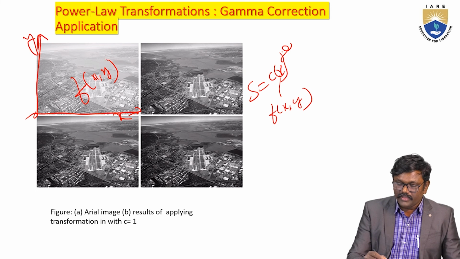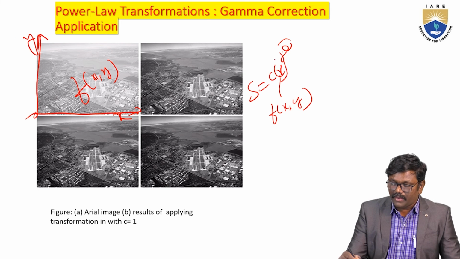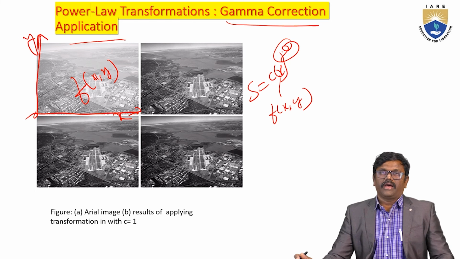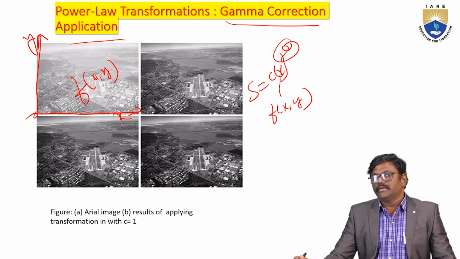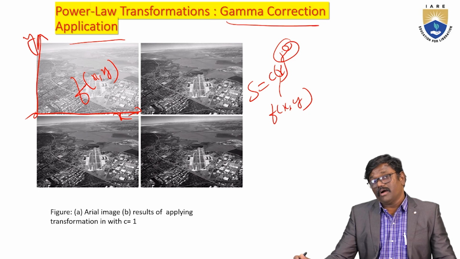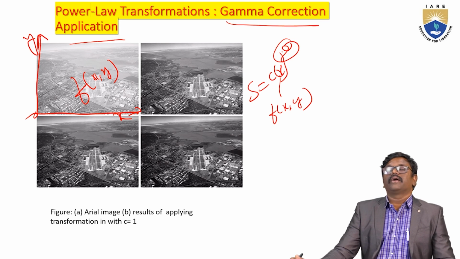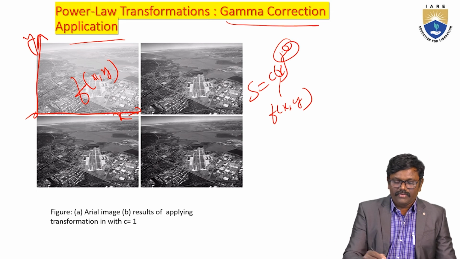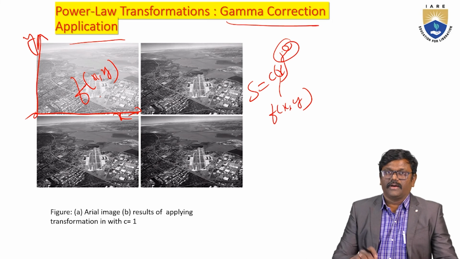And now from this you are going to change your gamma value, that is the gamma correction application process. Another name for this power law intensity transformation is gamma correction intensity level transformation. So you can cover it here.